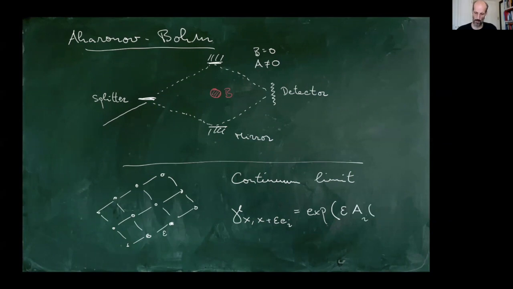And then, I want the ai's in the limit to become kind of fields or functions of space. And so the natural space point to associate to ai, right?